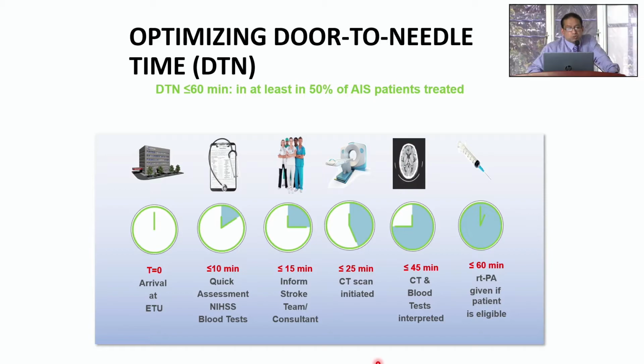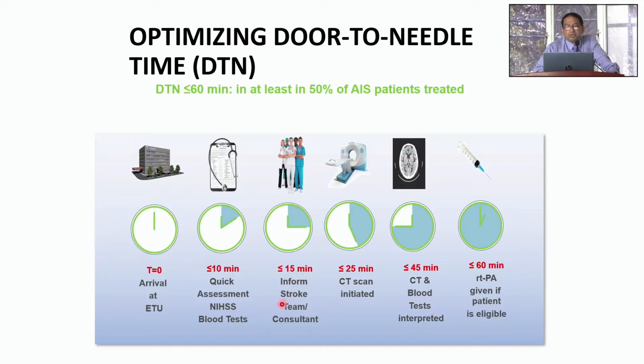So the most important thing in thrombolysing is minimizing the door to needle time. This is the standard chart which is given in most of the guidelines. From the arrival time to the emergency treatment unit or your primary care unit, then quick assessment and doing the investigations, then informing the on-call team.